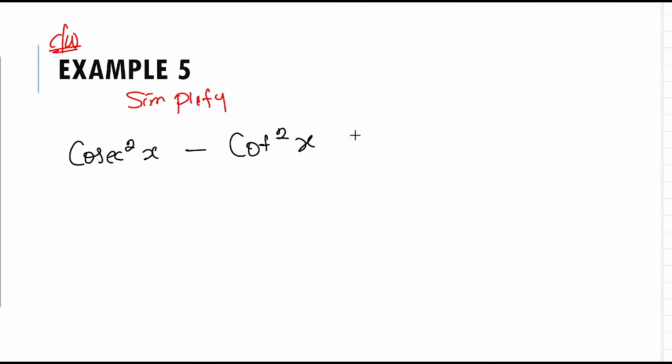So you are going to try this out. For the expression, simplify this identity using the power: cosec square x minus cos square x plus sine square x.